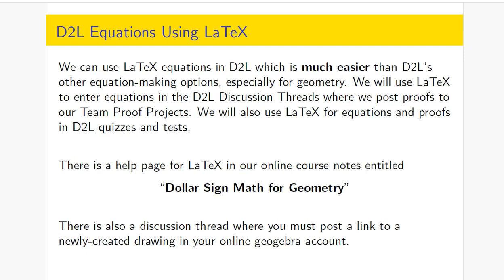And why? Let me just explain that. I don't usually like a my-way-or-the-highway approach, but I've tried to get students in the past to create the online GeoGebra account, and several students each semester refuse to do it, even though I offer extra credit for it. And so now I'm going to offer actual credit for it. Why? Well, it just really helps with our proofs projects, our team's proofs projects, and also the ability to get help on a proof.